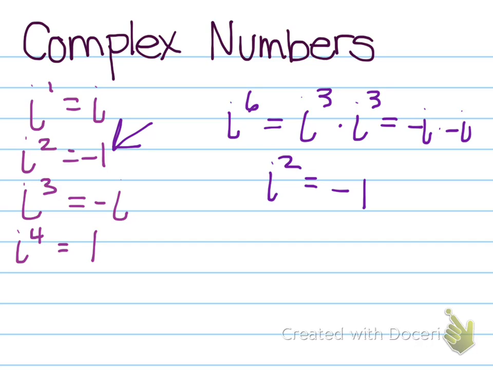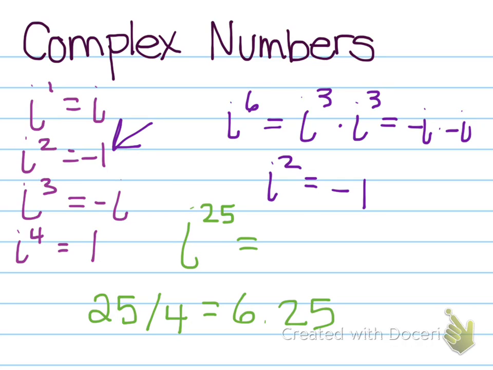It follows a pattern, so an easy trick to know is, say I gave you i to the 25th. Instead of breaking that down into all of these i properties, in your calculator just do 25 divided by 4. When you do that, you get 6.25.